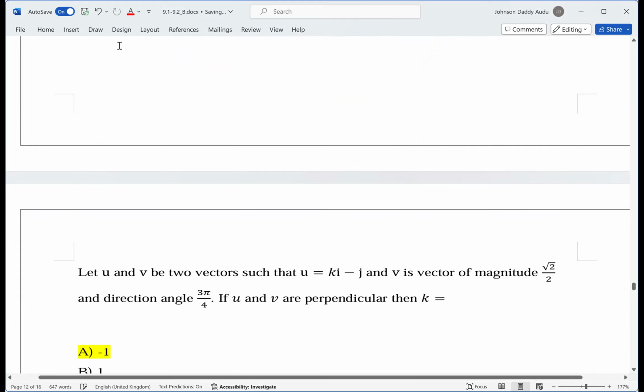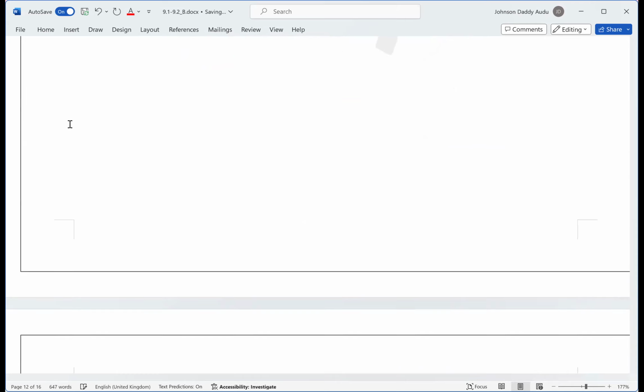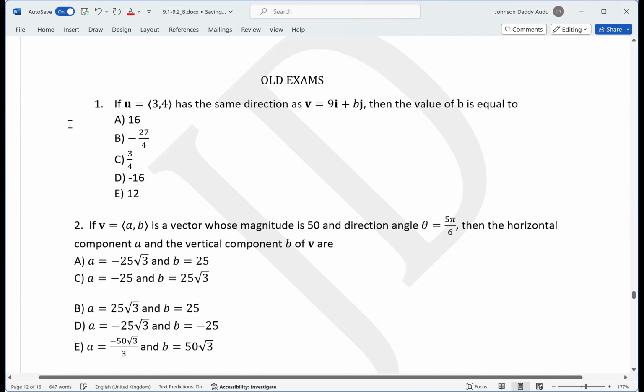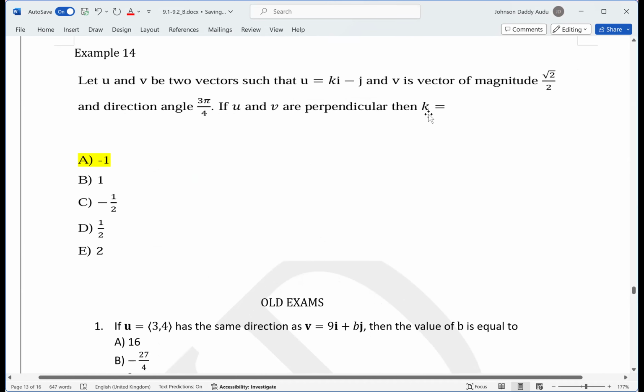Okay, so let's just take one more example, example 14. It says, let U, V be vectors such that U is this.